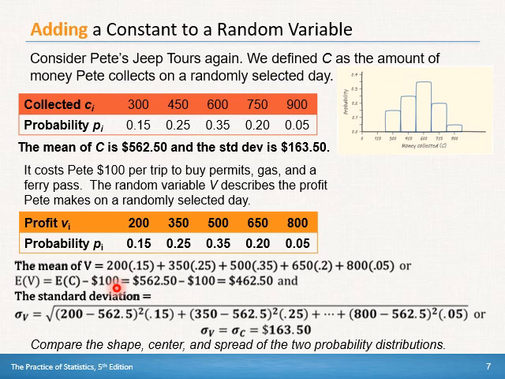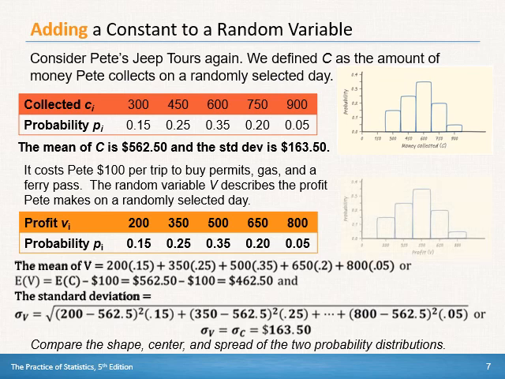So subtracting that 100 affects the mean: the original mean of C minus 100 gives the mean of V. The standard deviation does not change, so the standard deviation of V equals the standard deviation of C. If we did all the work, we would still have $136.50.